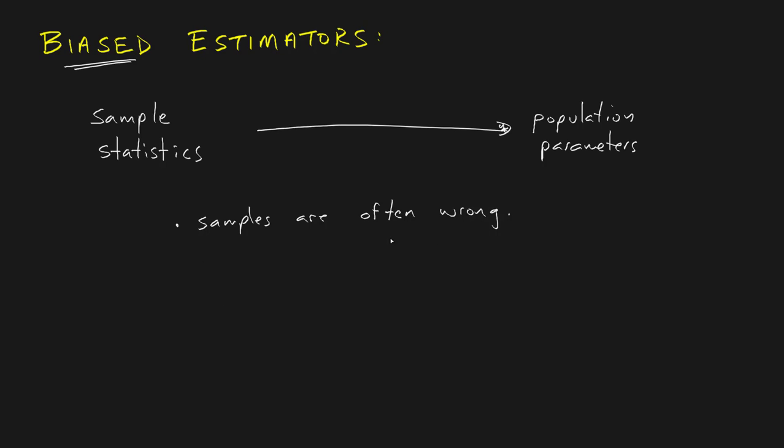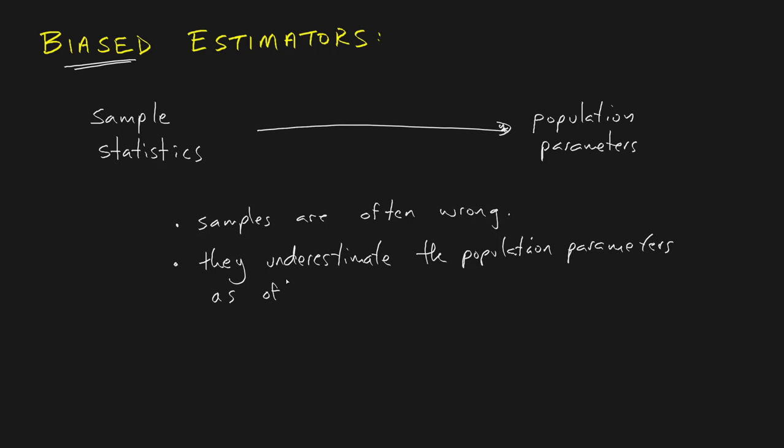Samples are often wrong, but what we really want to see is that they underestimate the population parameters as often as they overestimate the population parameters.